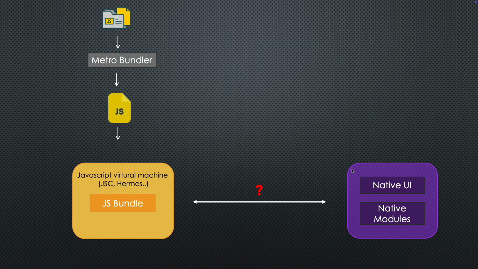Now, the big challenge. These two worlds, they don't speak the same language. So how do they communicate? This is where the famous bridge comes in. The JavaScript side can't directly manipulate the native UI component like the UIView or the ViewGroup. So the JavaScript has to send an instruction as serialized JSON messages through the bridge.